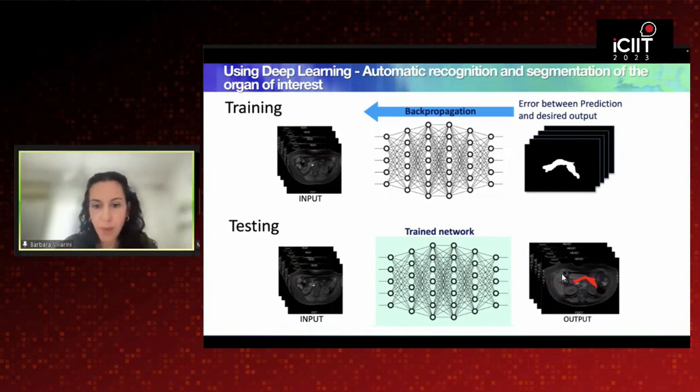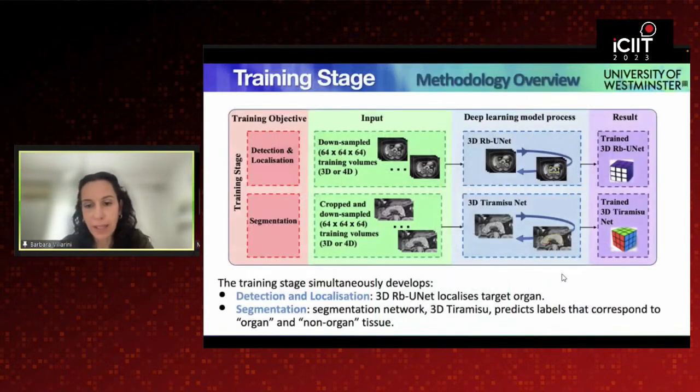Now, if we want to delve a little bit more in detail, as you can see from this figure, the training stage simultaneously develops a network for localizing the organ of interest and the segmentation network to predict the labels that correspond to organ and not organ tissue.